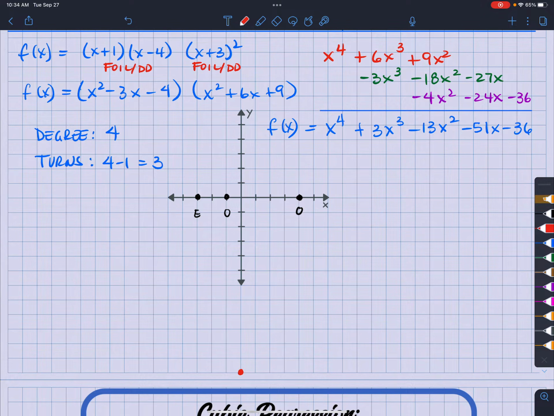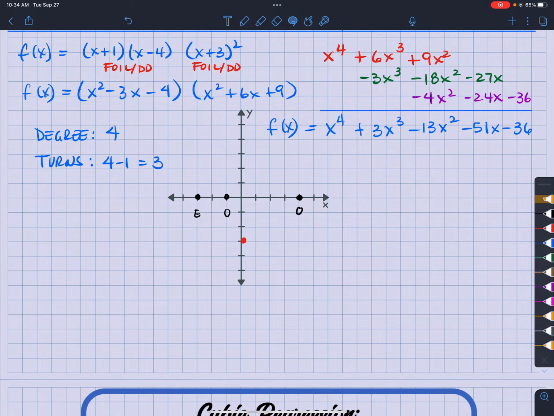Actually, let's do it this way. The x-axis is in scale, so let's go with the y value not in scale. Let's go by 6s: -6, -12, -18, -24.